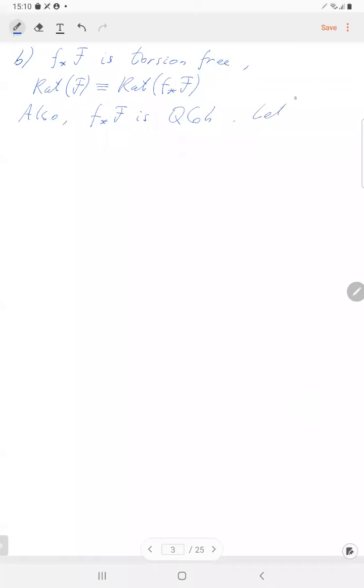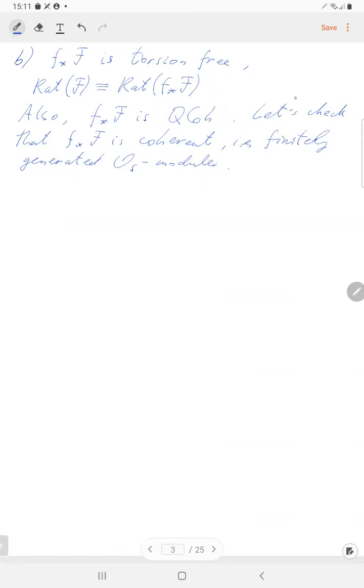So let's check that the direct image is coherent, that is, a finitely generated OS module.